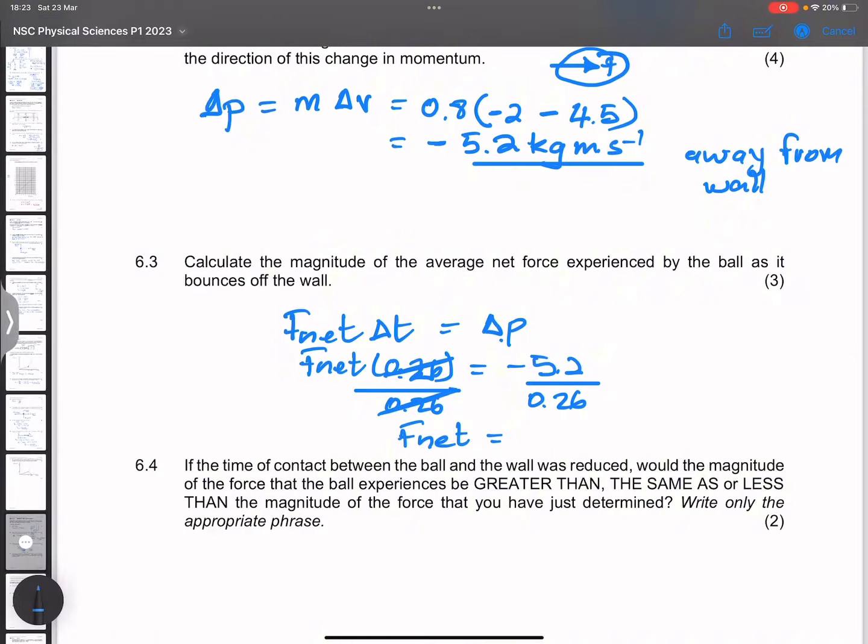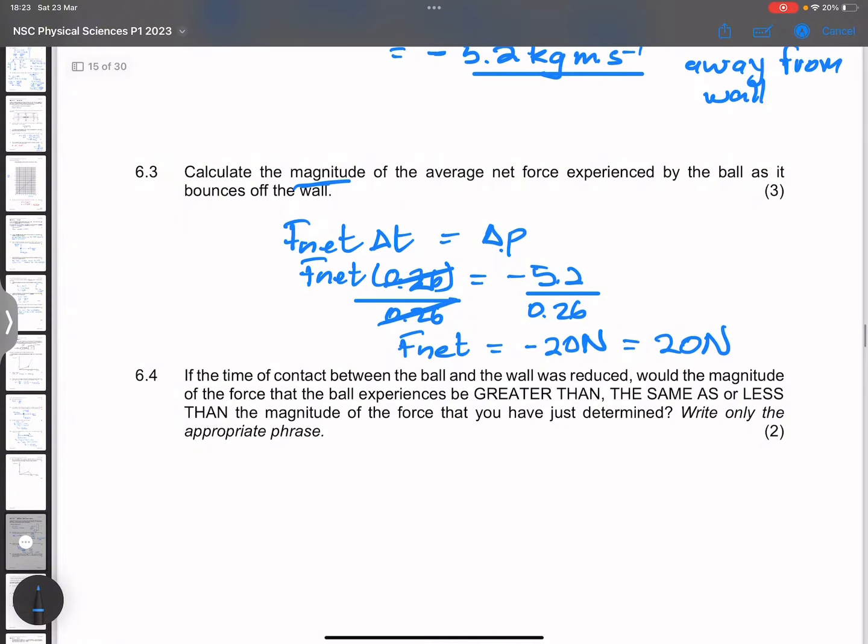Which means our force is minus 20 newtons. We get a negative, but in this case they just ask for the magnitude, so our force is 20 newtons. Of course, it's showing us that our force is actually away from the wall, which would make sense.